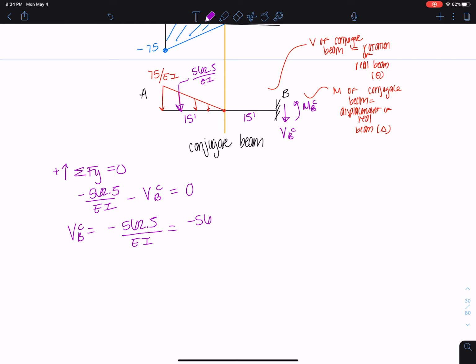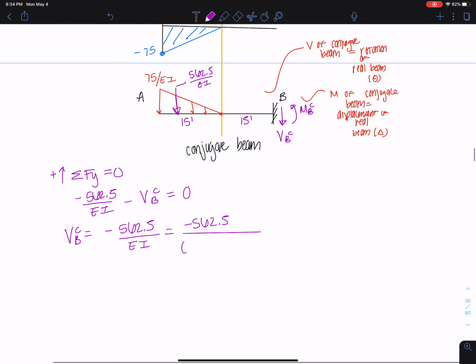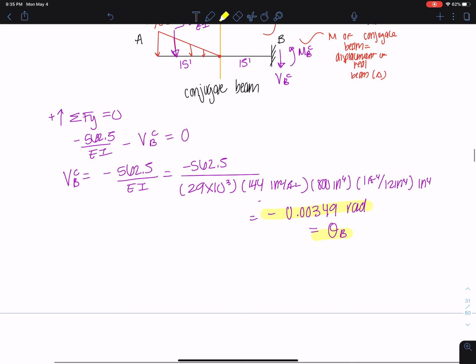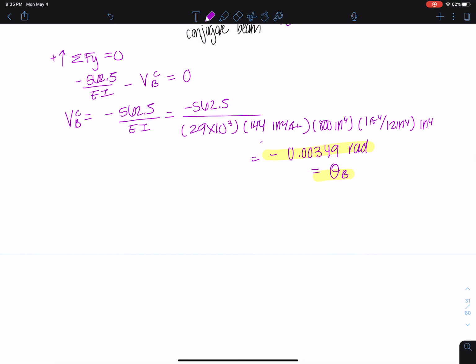Now let's plug in 29 times 10 to the 3 ksi times 144 for the conversion, times 800 inches to the 4th times 1 foot to the 4th over 12 inches to the 4th, and that equals negative 0.00349 radians. This is theta at point B on the real beam because it's the shear on the conjugate beam.